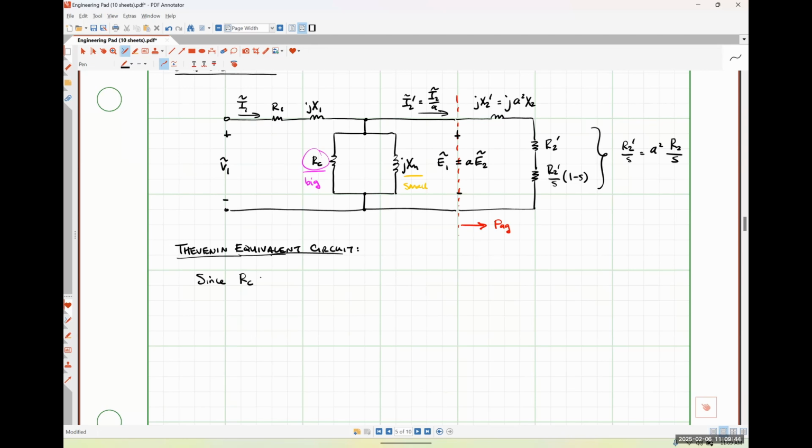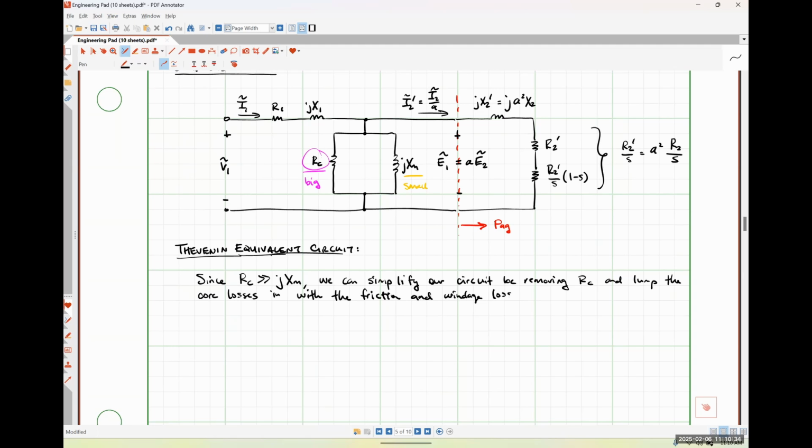So since RC is much, much larger than JXM, we can simplify our circuit by removing RC and lump the core losses in with the friction and windage losses and the stray losses.